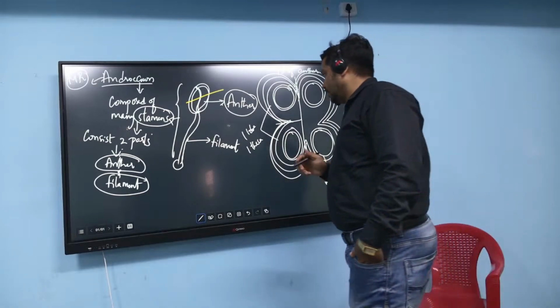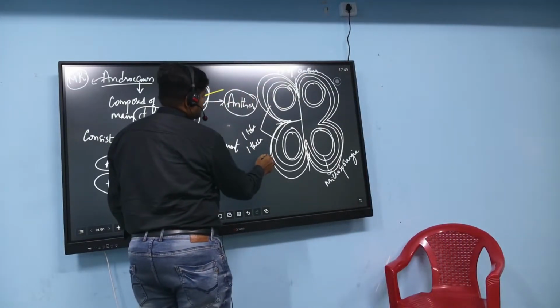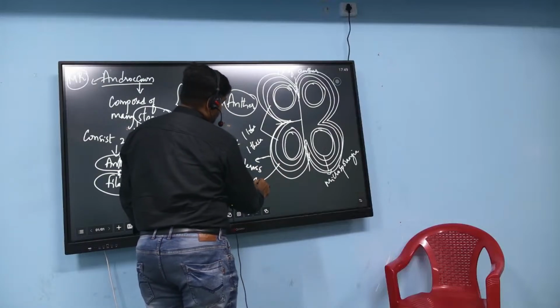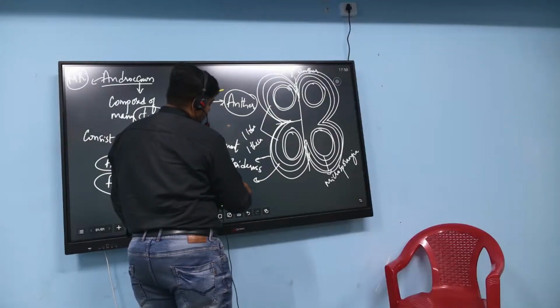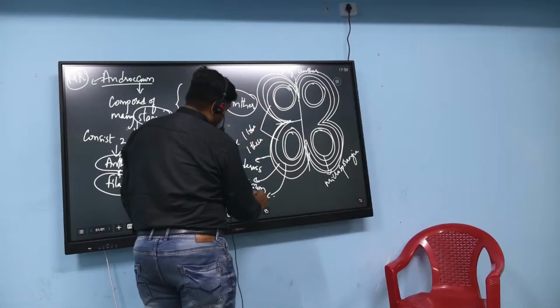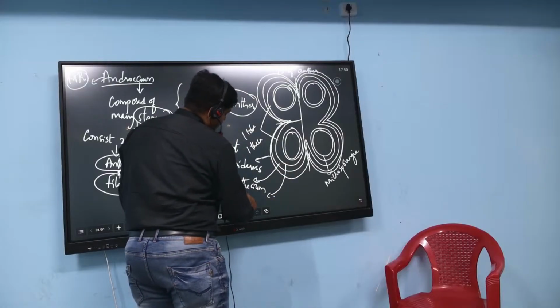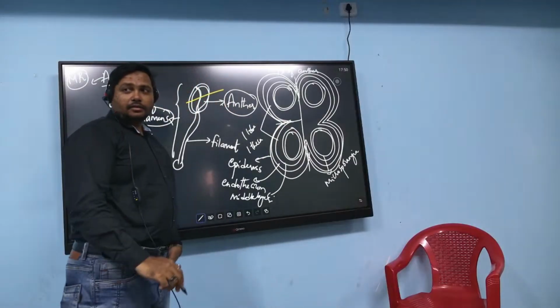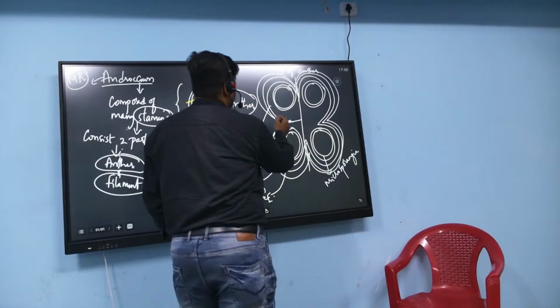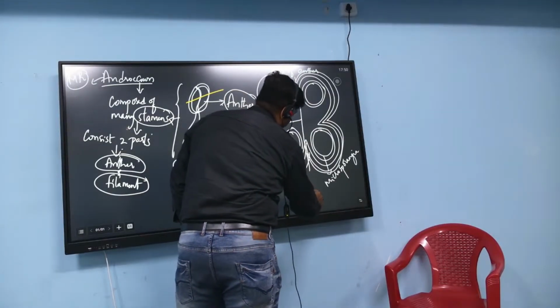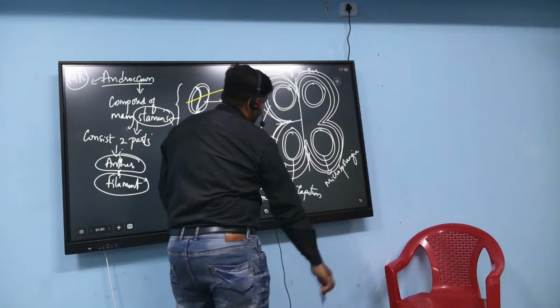The outermost layer is called epidermis. Then the next layer is called endothecium. Then the next layer, the middle layer. Done? Now the innermost layer is called tapetum. So how many layers are we able to see?